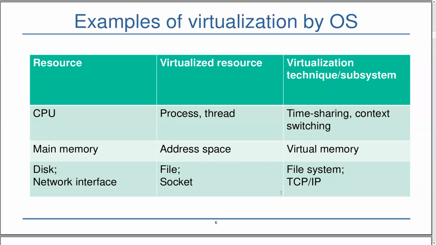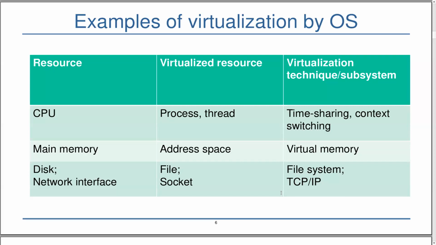So what is another resource? Main memory, right? So we talked about RAM. It turns out that the OS also virtualizes this resource because each program has to have its own view of this memory, right? So it has to manage it as though the entire memory belongs to this program, so to say, right?